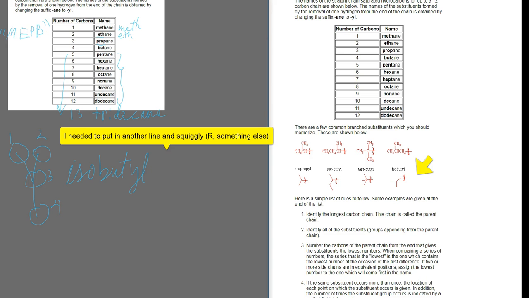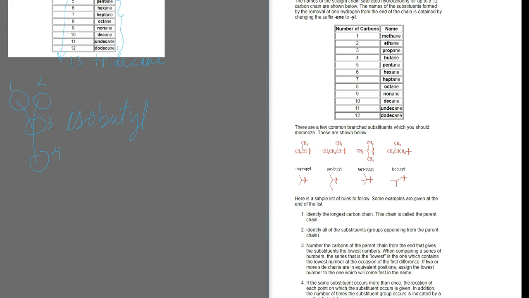And isopropyl. Okay, so isopropyl. This is actually where it is.